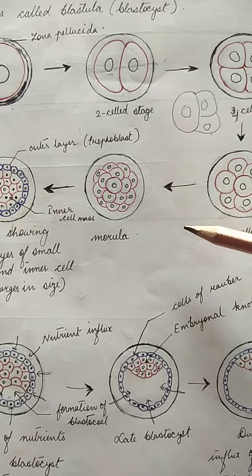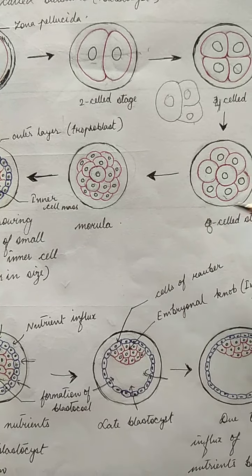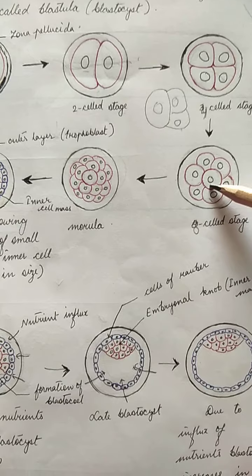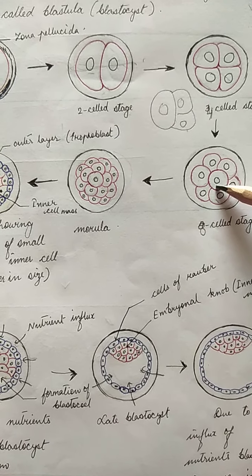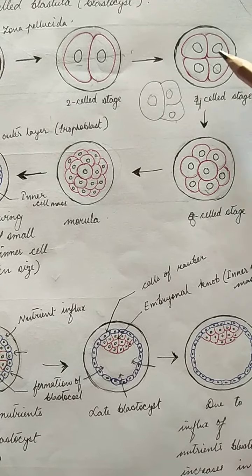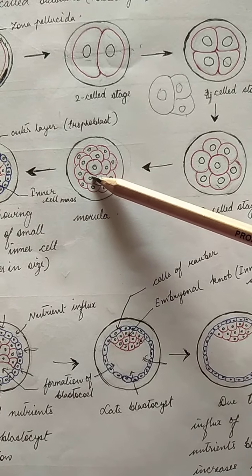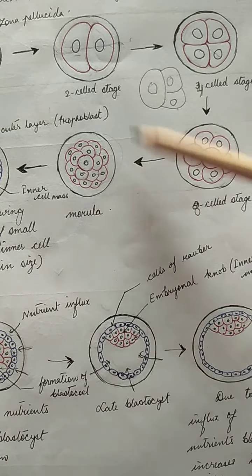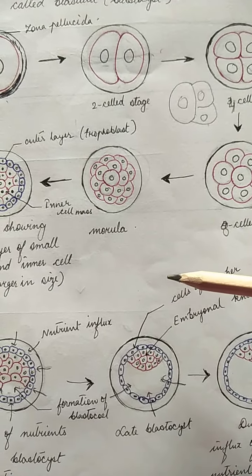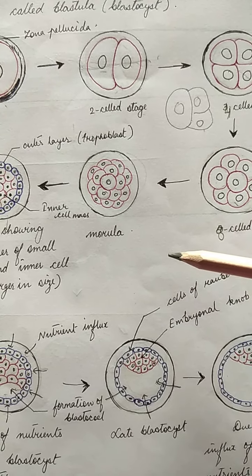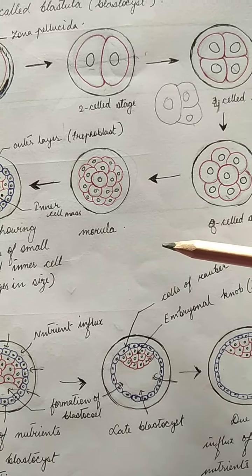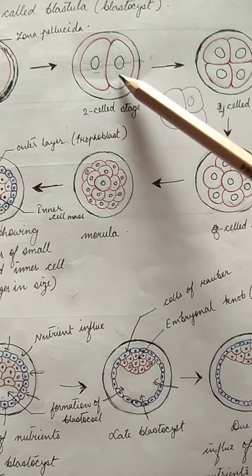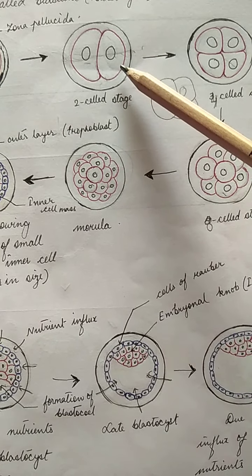During cleavage, the size of blastomeres decreases as their number increases. The cleavage is holoblastic, that is, it divides the zygote and blastomeres completely into daughter cells.